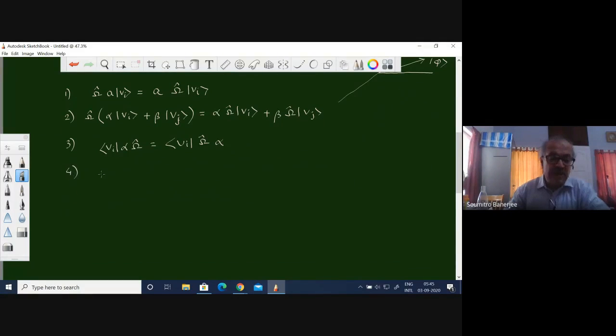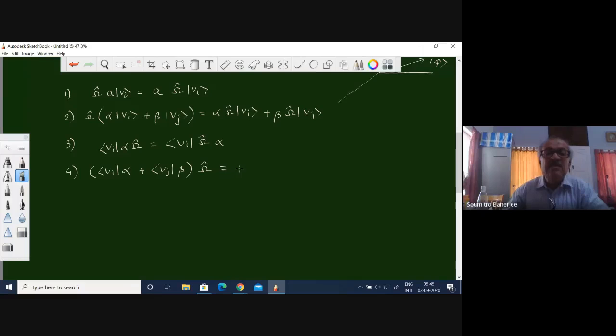The fourth property that we need is, on the bra side, the same distributive property: alpha times vi on the bra, alpha is a multiplicative constant, plus beta times vj on that, beta is a multiplicative constant, close, and omega operates on that. Because these are bras, I'm operating from the right hand side.